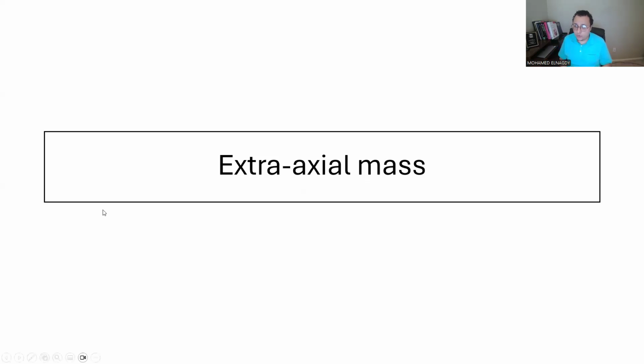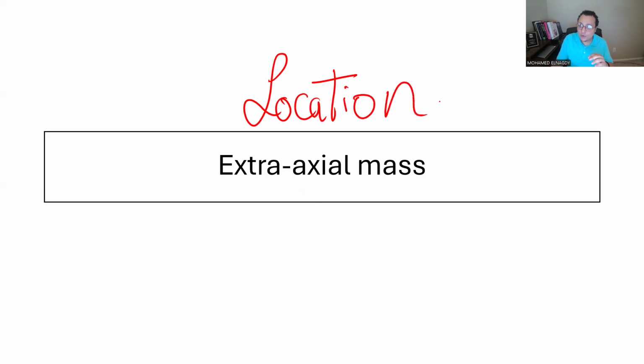Now we will go into the neoplastic. First thing, location. We always say that the most important thing in neuropath is the location of the tumor. And I'm sure that any neuropathologist told you the exact same thing.